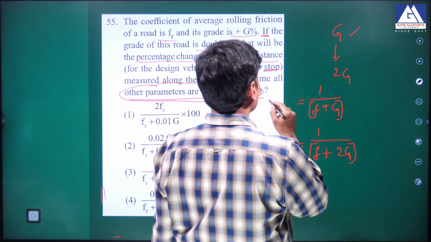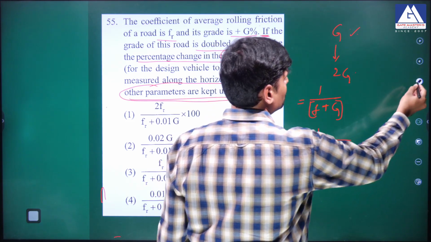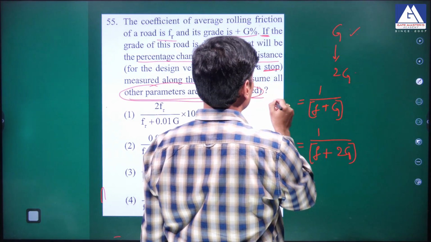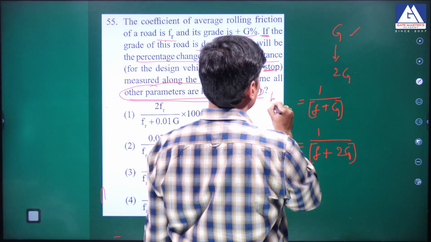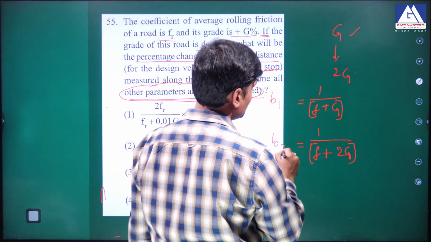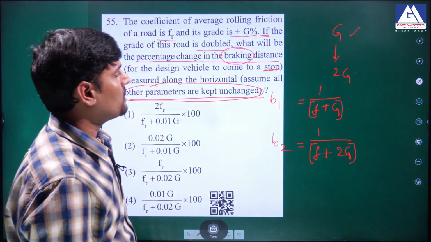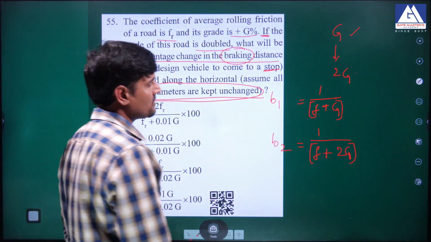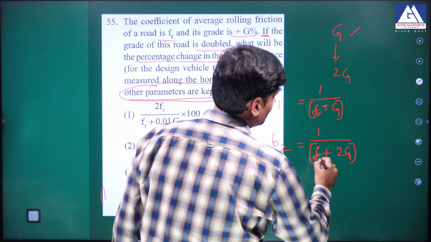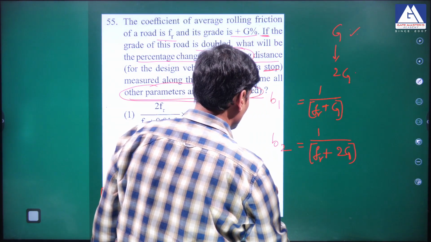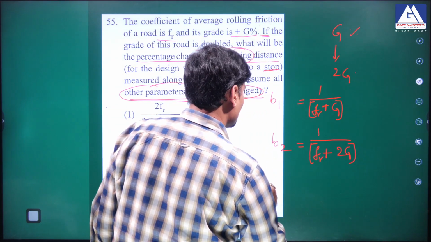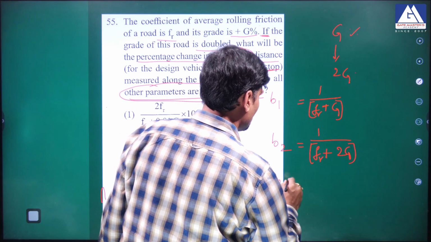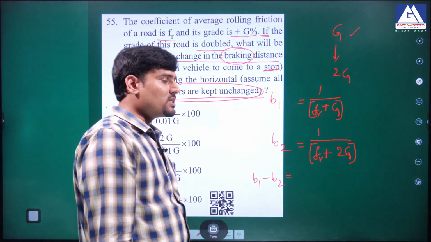So therefore this is case 1, that means braking distance 1, and this is braking distance 2, and the difference between these two is so important for us. So B1 or B2 minus B1, anyone, right? What we need is only the change in distance.